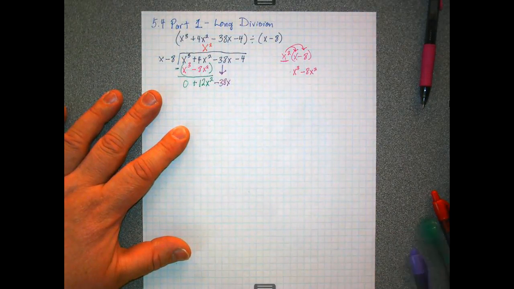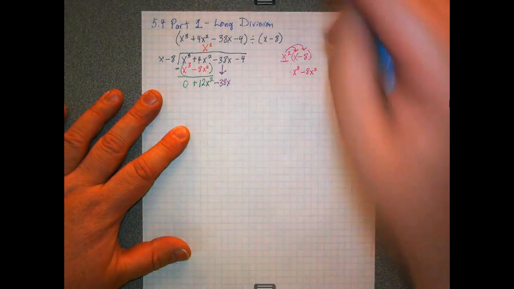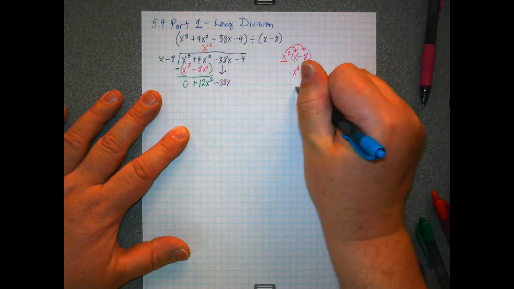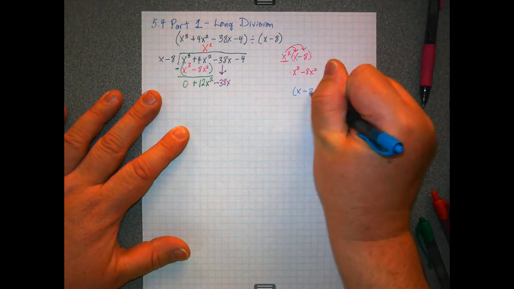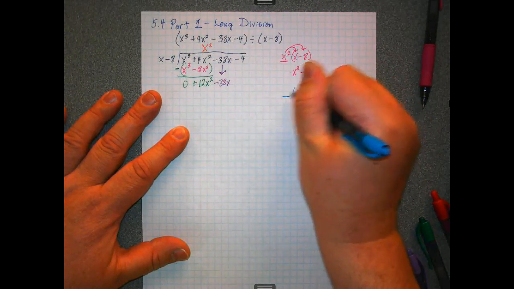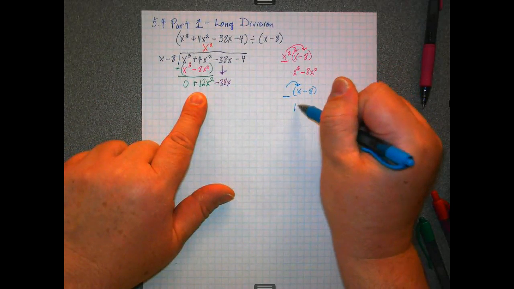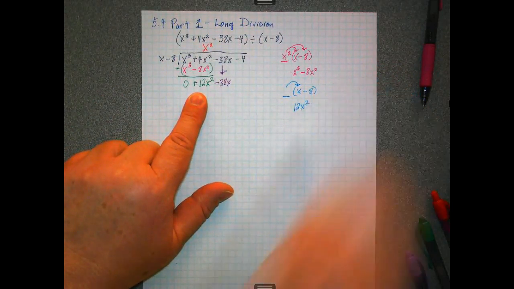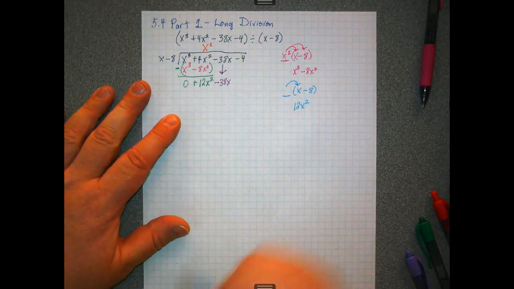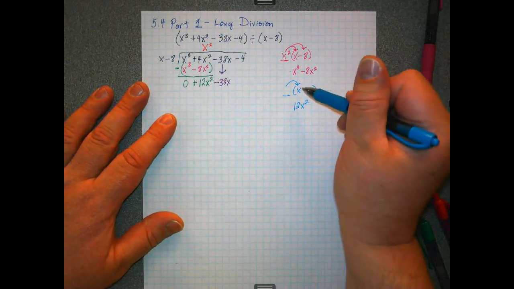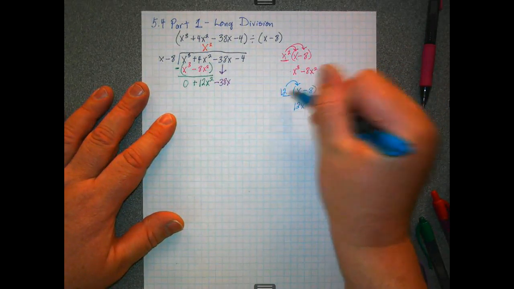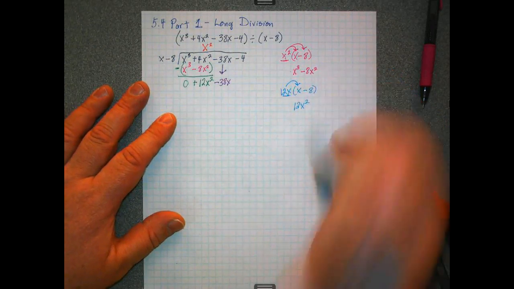And I start the process over again. I'm going to multiply x minus 8 by a number, and that first term has to be 12x squared. So what am I going to multiply by? Well, I need a 12, and I need another x.